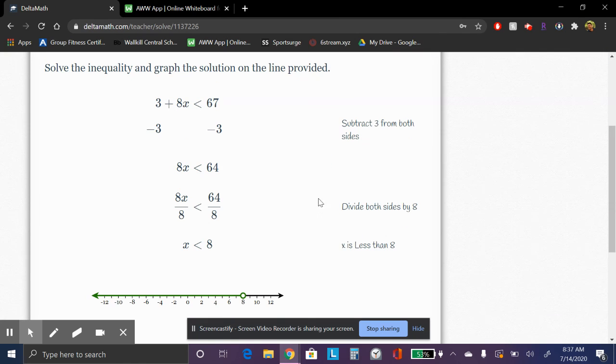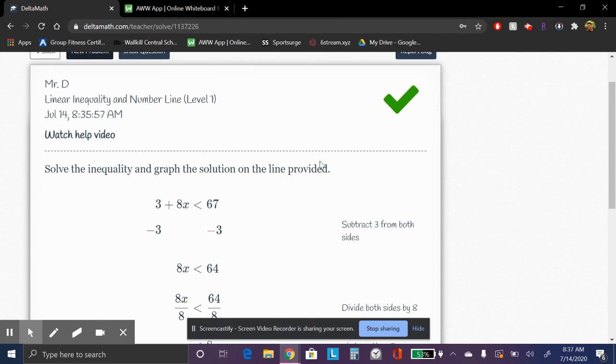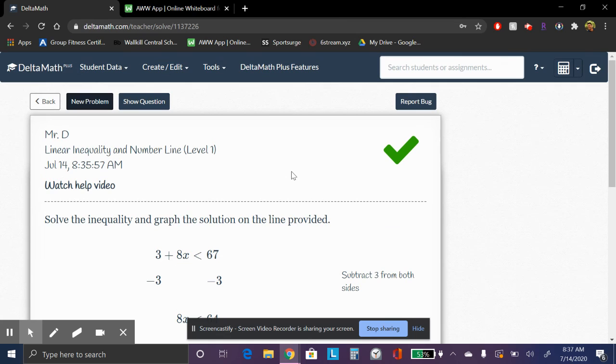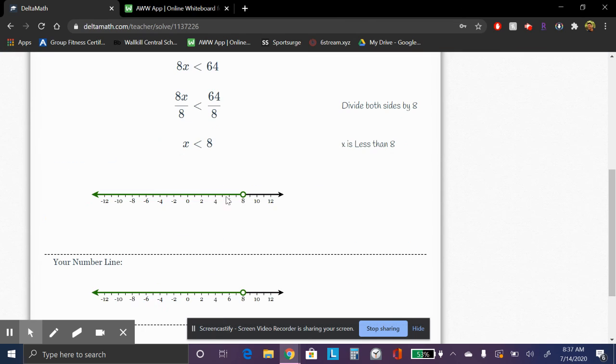So pretty much you're using the same skills you used to solve equations before. The only difference is making sure that if it's equal to, you have a filled in circle at the end. If it's not equal to, it's an open circle at the end. And if it points to the letter, you go left. Letter left, number right.